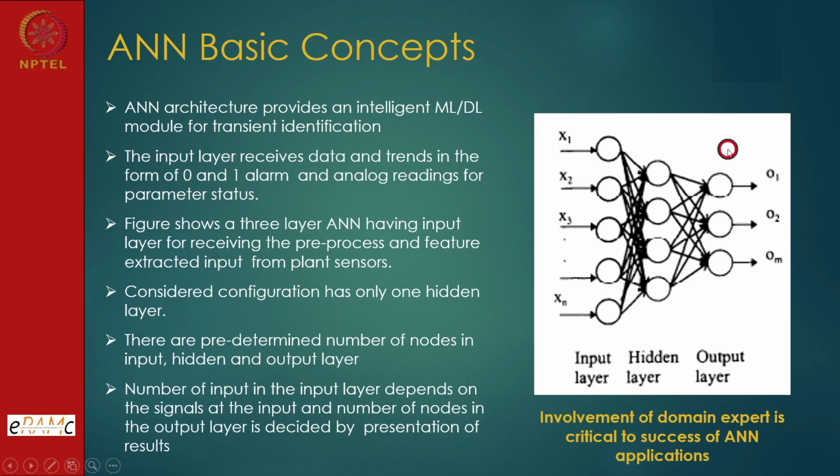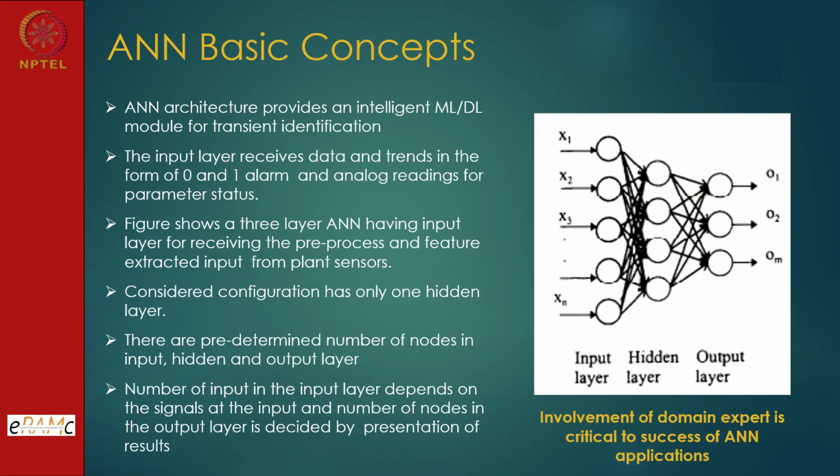This output does not go out when you are in training, it operates in a closed loop. But when the ANN is trained, then input will be there, output will be there. This ANN operates in two modes. One is training mode, where all these data are there and it is getting trained, and once the training is completed, then in real time these conditions are received in the module, and the input layer processes, the hidden layer performs the second function, and the output layer presents the result, whatever it has learned.